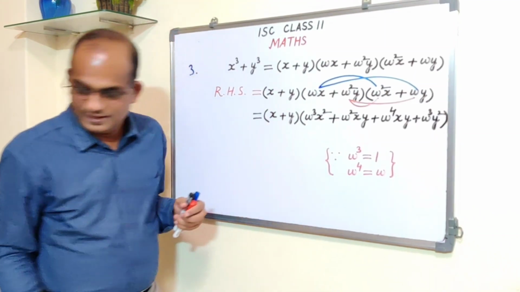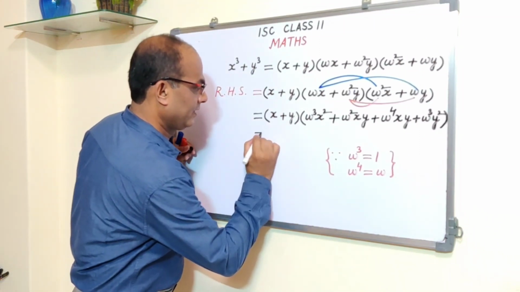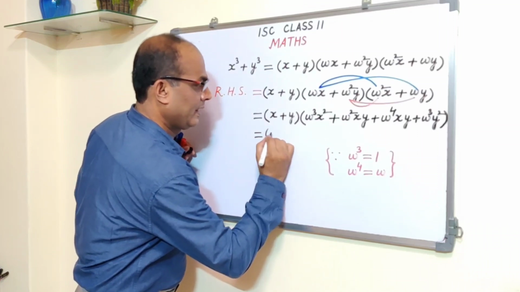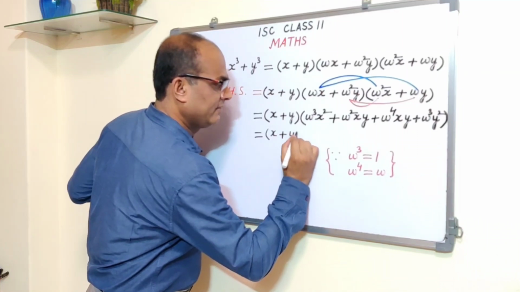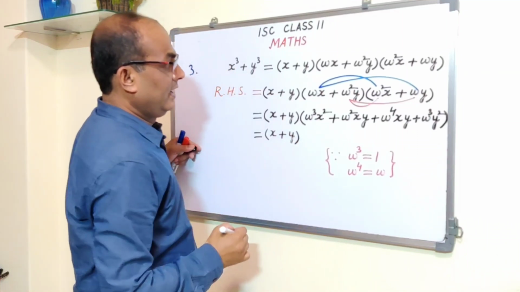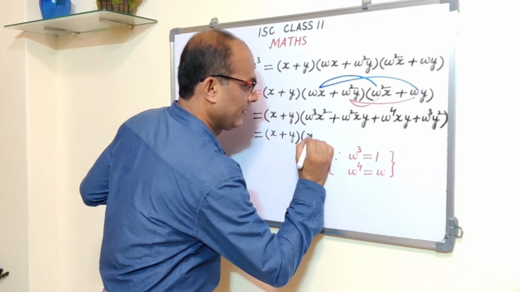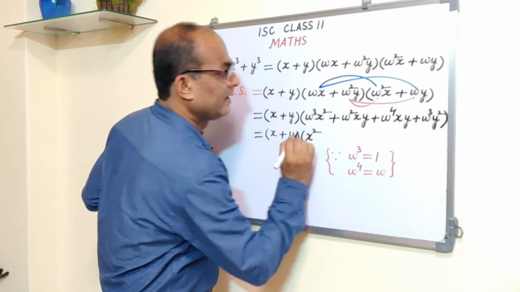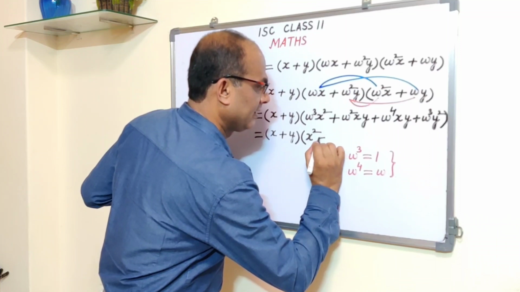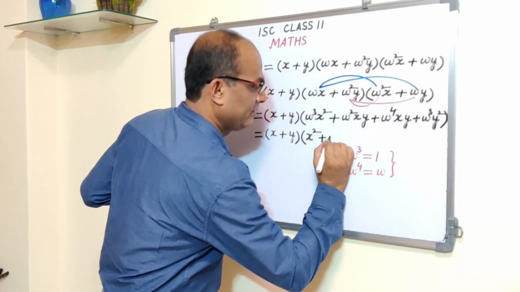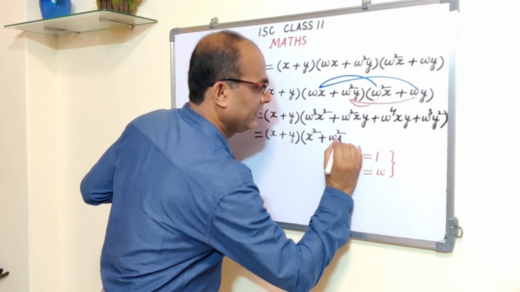Now using these two results, we can write down here, this is x plus y as it is, we don't touch, and this becomes x square now. This is x square and omega square xy plus omega square, and you write xy.